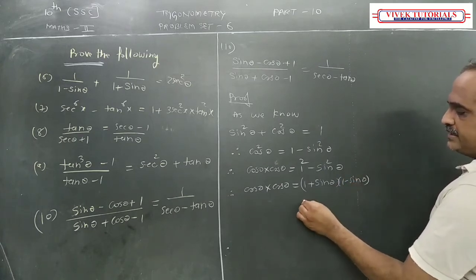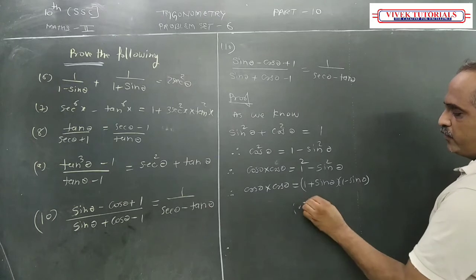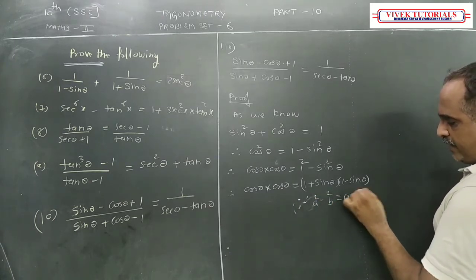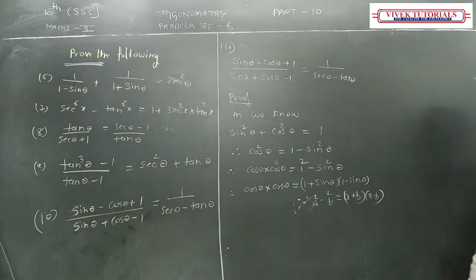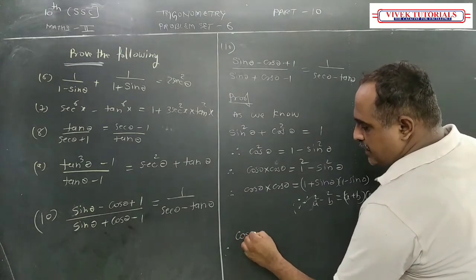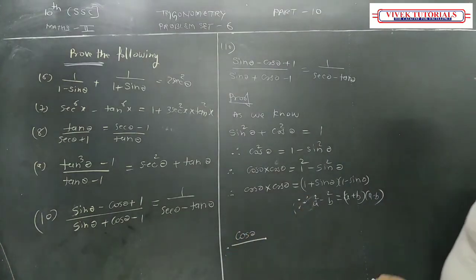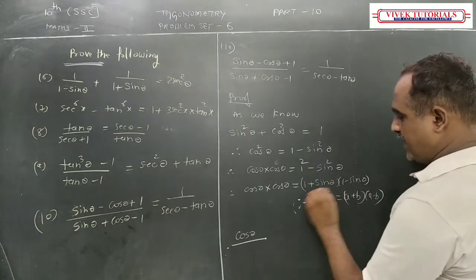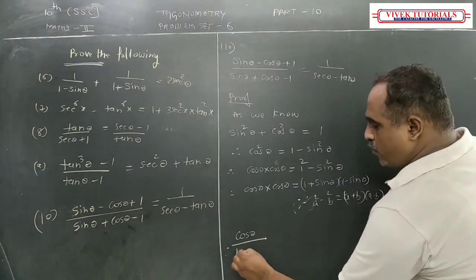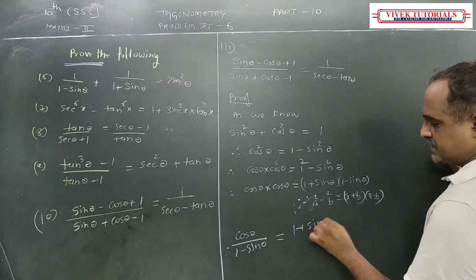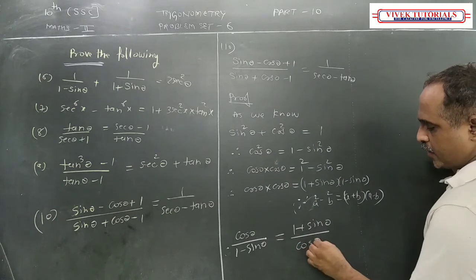The reason is a square minus b square is equal to a plus b into a minus b. So what you are getting is cos theta upon 1 minus sin theta is equal to 1 plus sin theta upon cos theta.